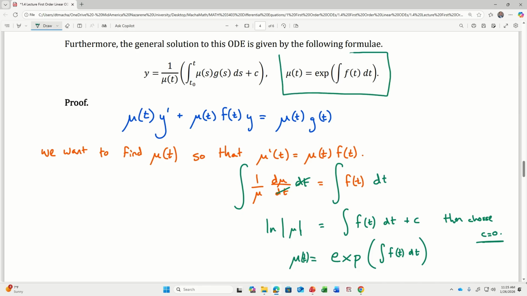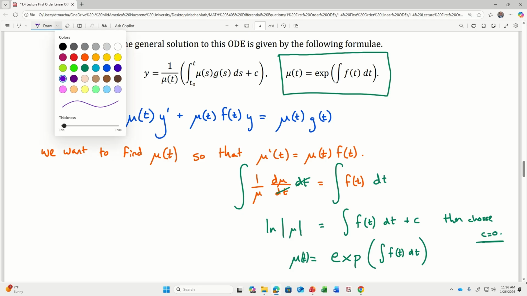We've explained part of this formula, that my integrating factor is always going to be the exponential of the antiderivative of the function that multiplies y if I divide by whatever is multiplying y prime. What about the rest of this, right?